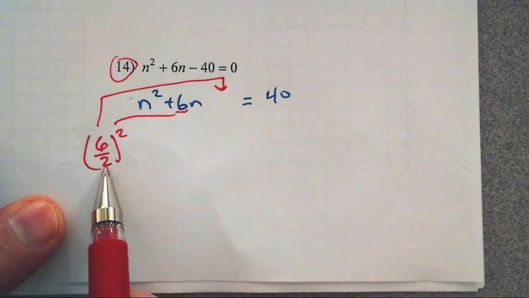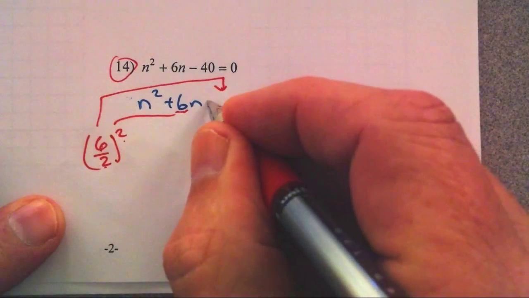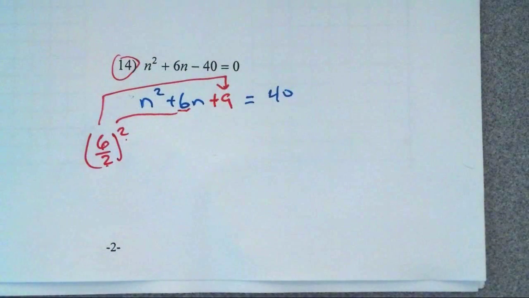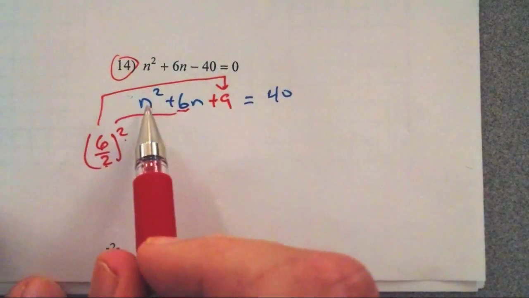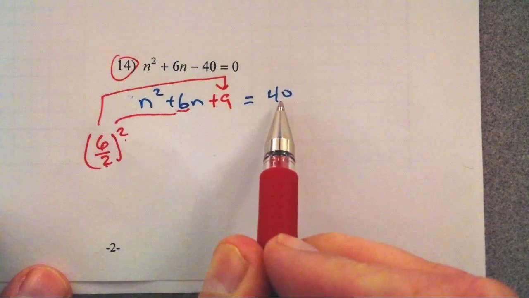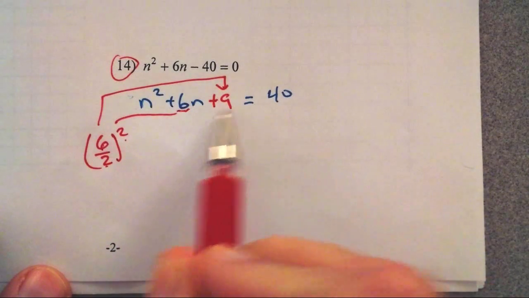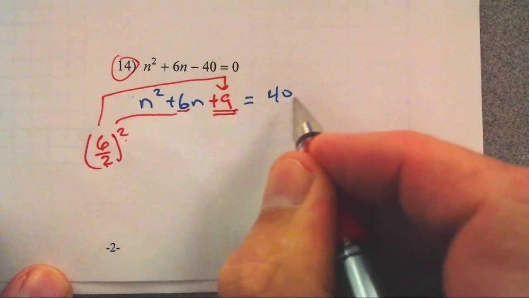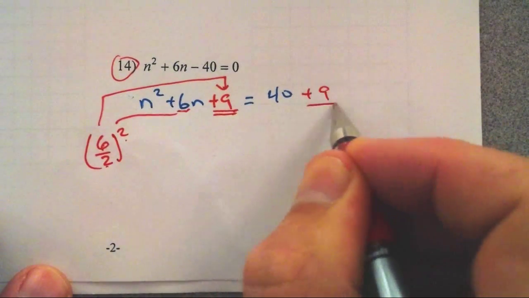So that gives me 3 squared, 9, plus 9. But I did that in red just to emphasize n squared plus 6n was equal to 40. So if I add 9 here, they are no longer equal. So I balance that by adding 9 over there.